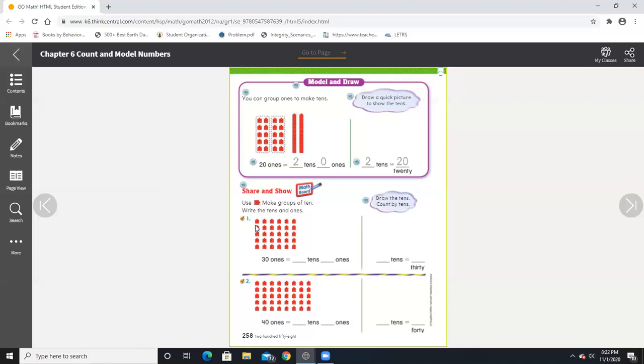Now let's look at numbers 1 and number 2. They are similar in the way they are set up. So we have these cubes, and of course we're going to make a group of 10. So we're going to first determine how many groups of 10 we can make. So remember, you start and you count. 1, 2, and let's go side by side.